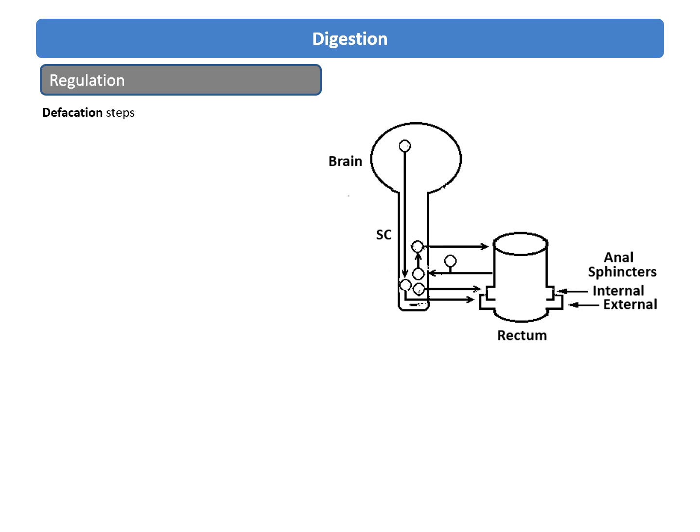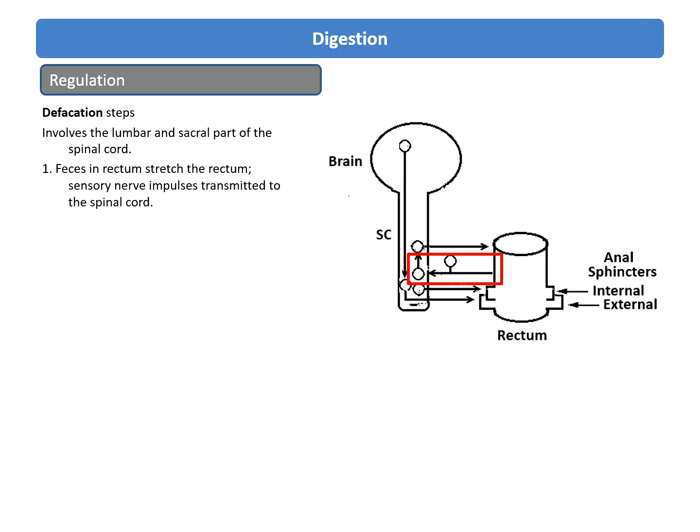Defecation involves several steps. It's controlled through the lumbar and sacral parts of the spinal cord. Feces in the rectum stretch the rectum. Sensory nerve impulses transmit information to the lower part of the spinal cord.